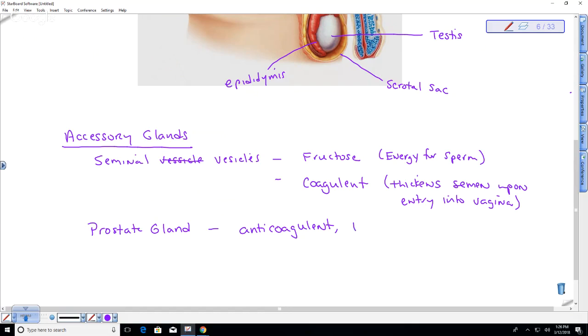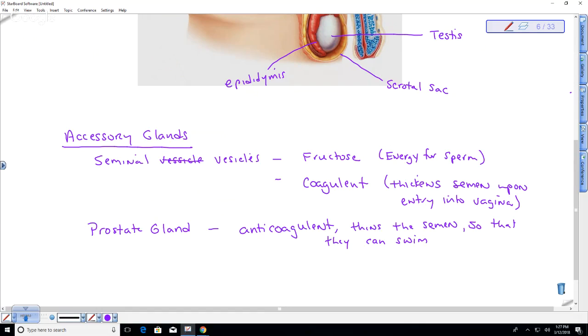So this thins the semen so that they can swim. So it has its action after ejaculation into the female's reproductive tract has happened, right? So the semen or the plug will start to thin a little bit so the sperm can swim.